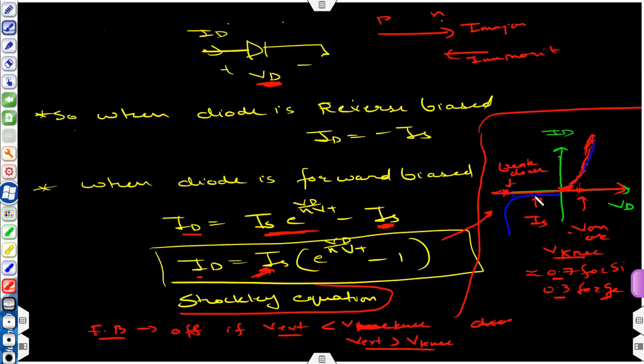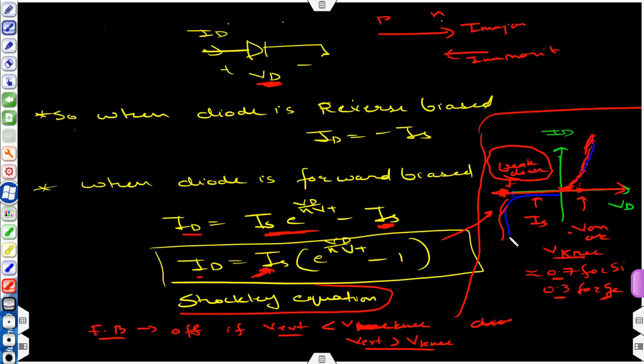That's why we call it reverse, because the current is in the reverse direction, and saturation because the value is fixed. So reverse saturation current. And after one point, the current increases drastically and the voltage drop is now fixed. So this voltage is called the breakdown voltage. After this, your diode is permanently damaged.